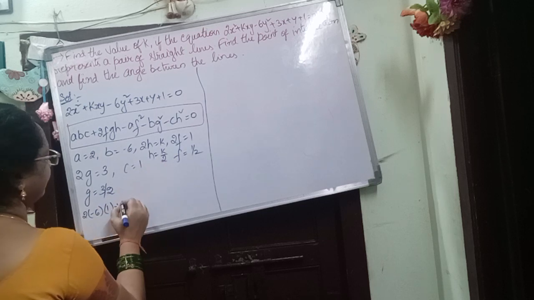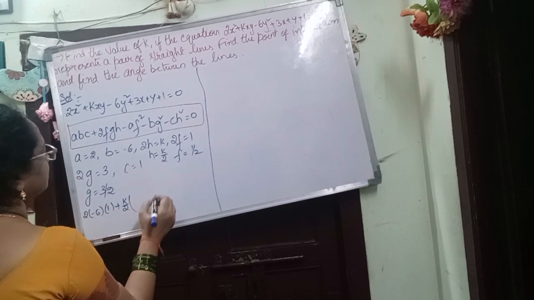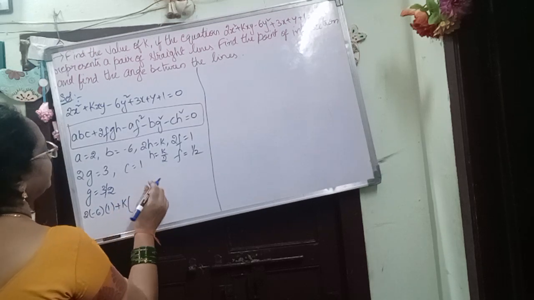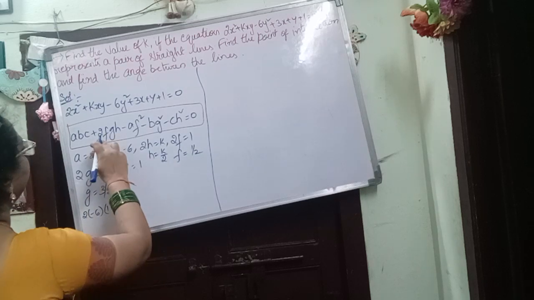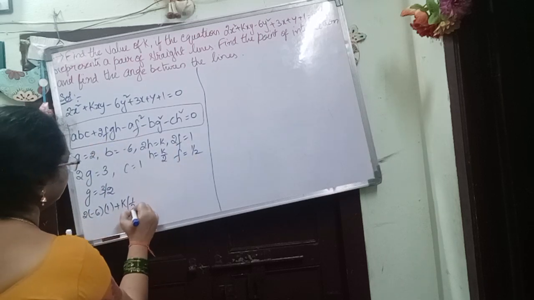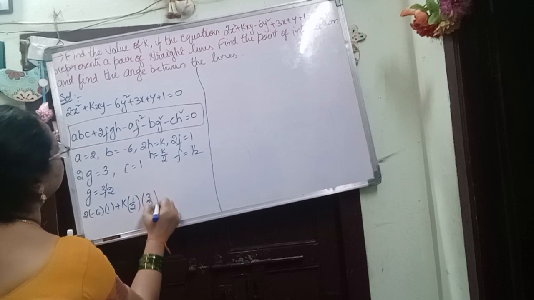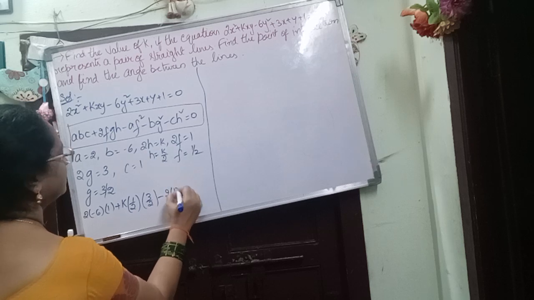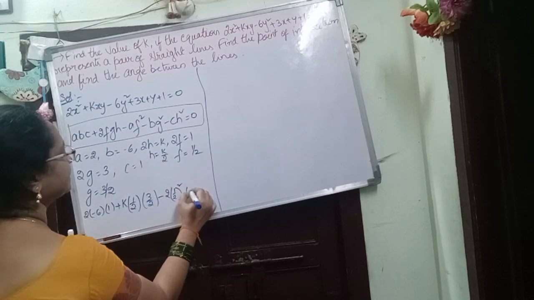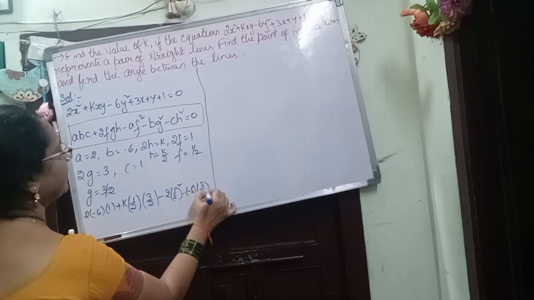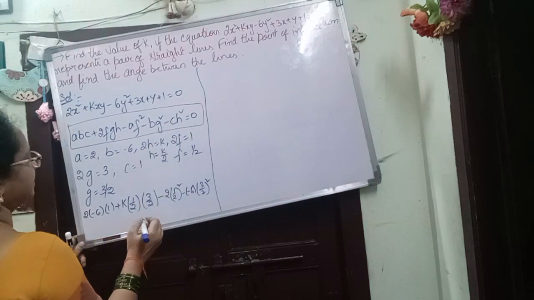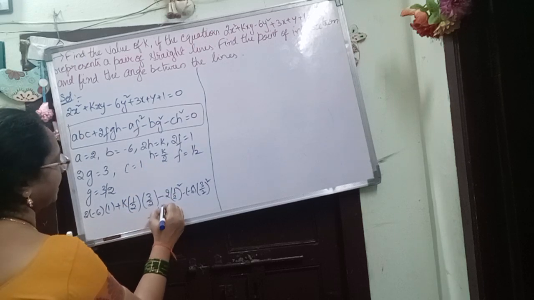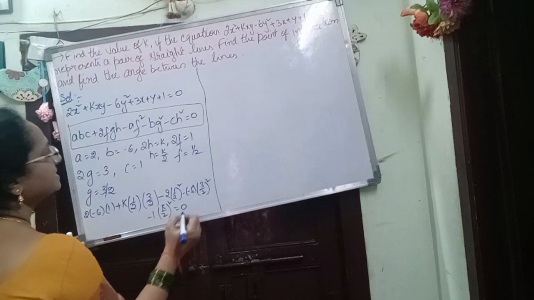Plus 2h is k by 2, right? K by 2 into 2h is k, right? K into fg. F is 1 by 2 into g is 3 by 2. Okay. Minus a is 2 into, what is f? 1 by 2 square. Minus b is minus 6 into 3 by 2 square. And what is left? Minus ch square. h is k by 2. So minus c means 1 into k by 2 whole square equals to 0.